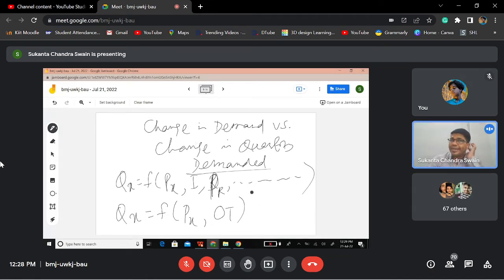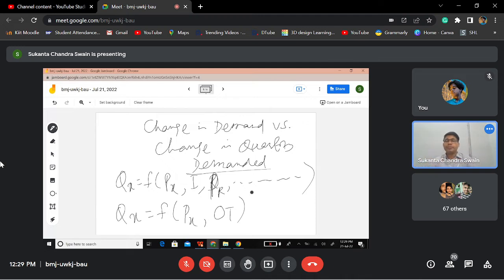What we discussed is that demand for any commodity QX is influenced by many factors, many variables. We have already discussed in the last slide: price of the same commodity PX, income of the consumer I, prices of the related commodities PR, and all other things, like quality, availability, accessibility, the consumer's preference, lifestyle.